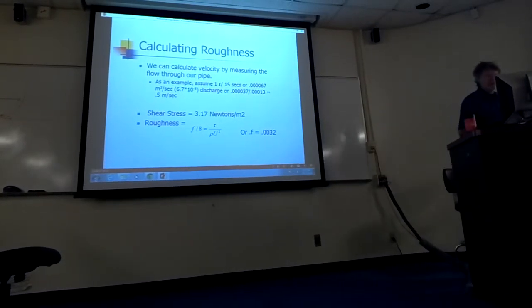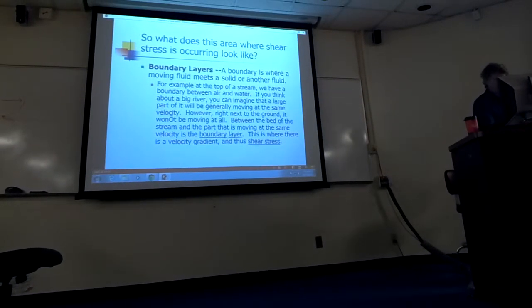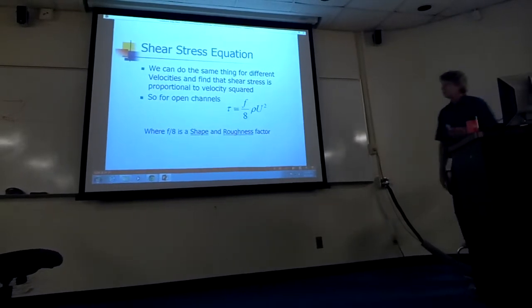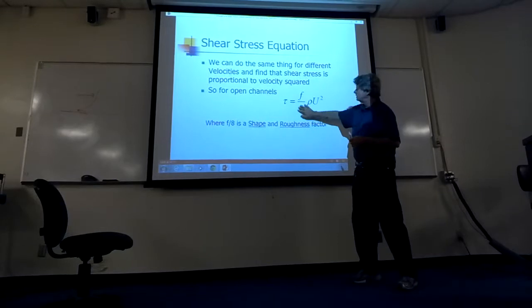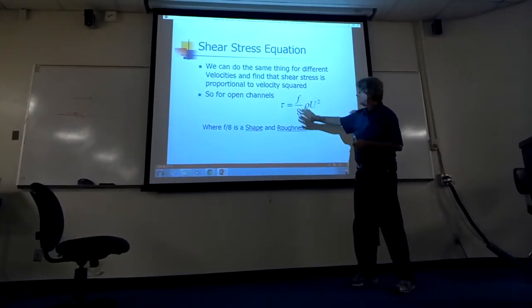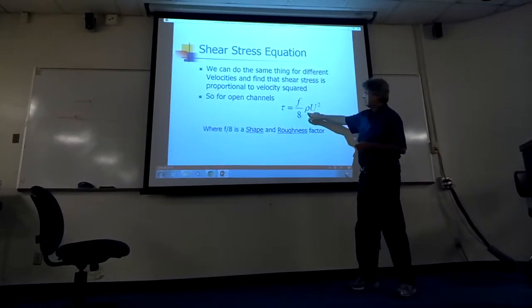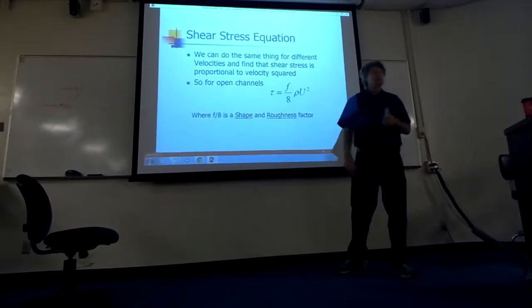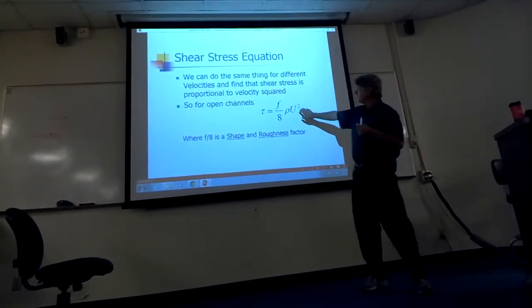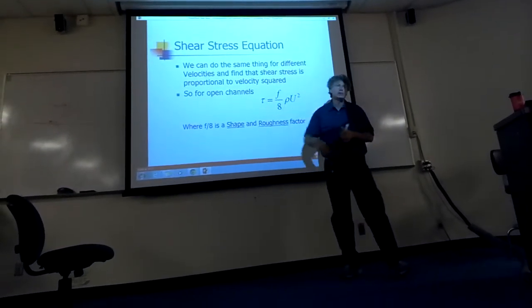And so here's our shear stress equation, where shear stress equals this shape and roughness factor times the density of the fluid, not the density of the sediment, times the velocity squared. So if I double velocity, I multiply shear stress by 4.